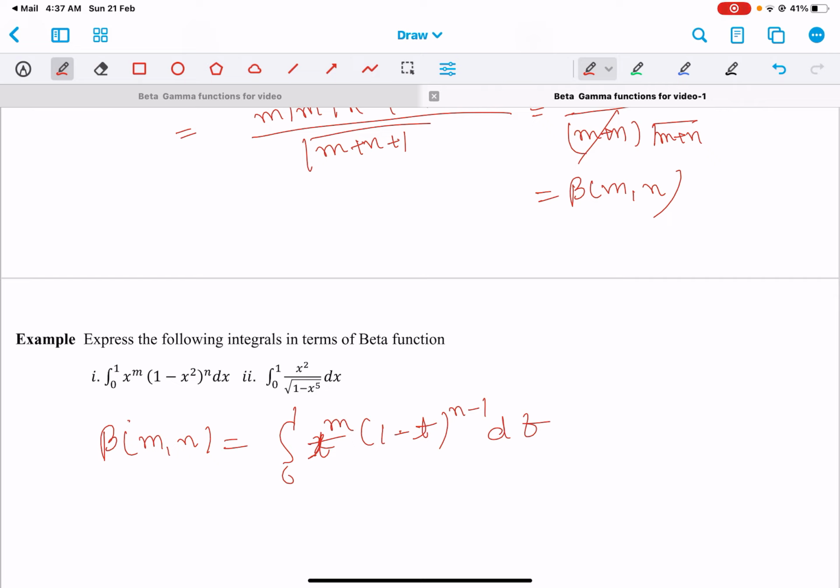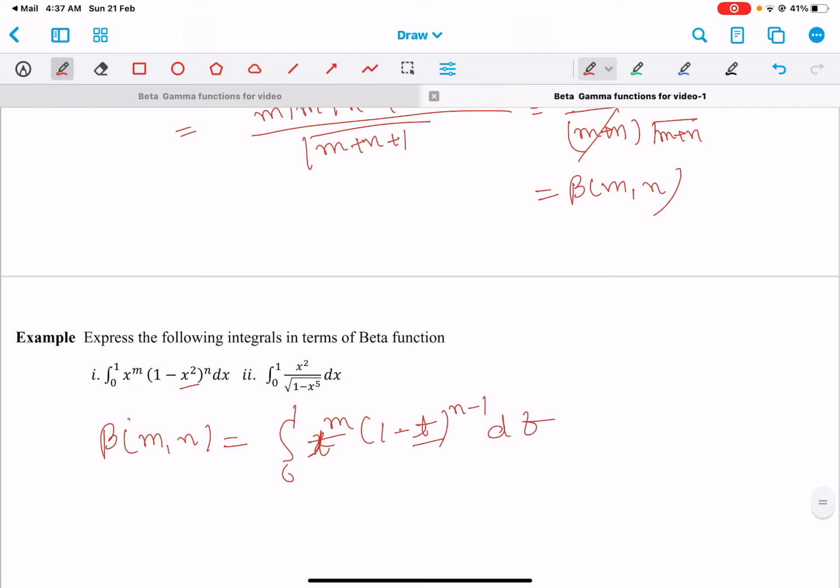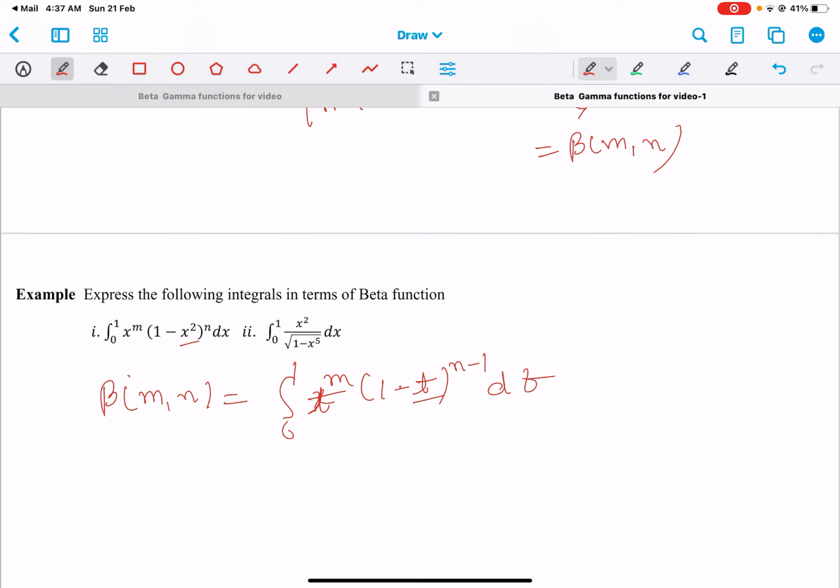So clearly, what do you need to do in this case? You just need to put t equal to x square. If you put x square equal to t, you may get your final result. Similarly here, you may rewrite this as integral 0 to 1 x square into 1 minus x to the power 5 to the power minus half. To manage this result, you need to put x to the power 5 equal to t. So you will finally get an expression in the form of beta gamma functions.